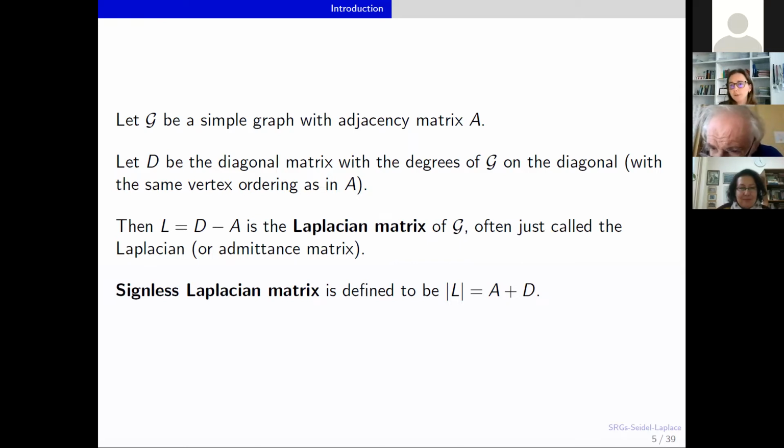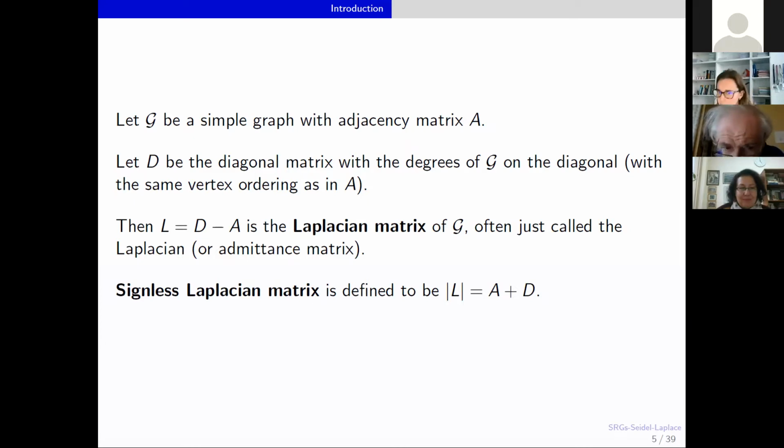If you take D to be the diagonal matrix with the degrees of this graph on the diagonal, where the ordering is the same as the ordering in the adjacency matrix, then if you subtract the adjacency matrix from it, you will have the Laplacian matrix of this graph. Usually this matrix is also called the Laplacian or admittance matrix.